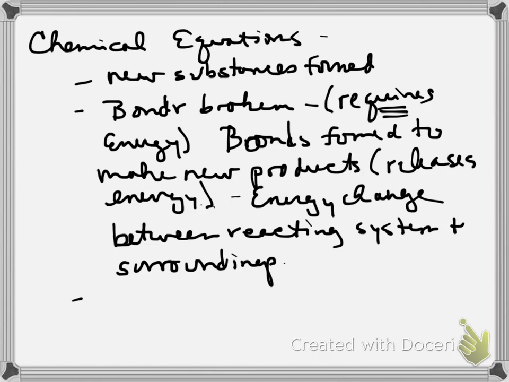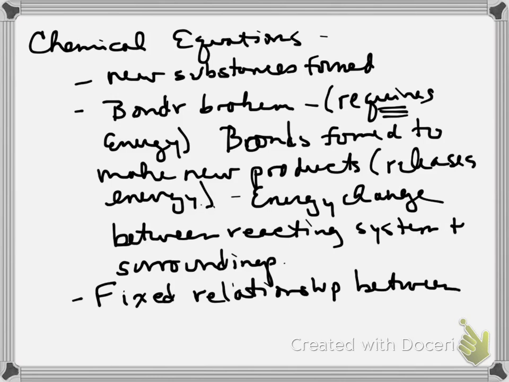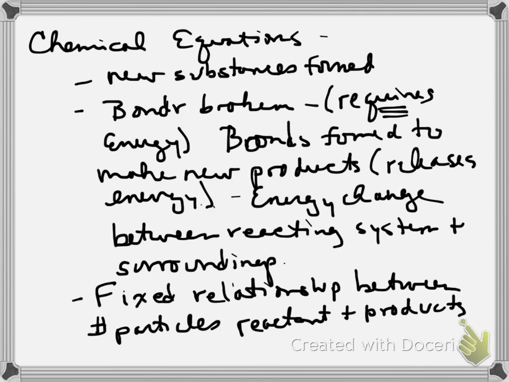From the balanced chemical equation, you have a fixed relationship between the number of particles of reactants and products. And remember, that has to be a mole basis. You have to define those by a balanced chemical equation.